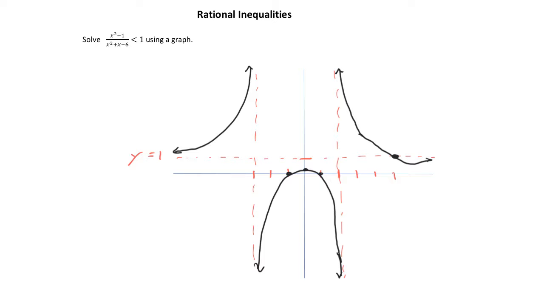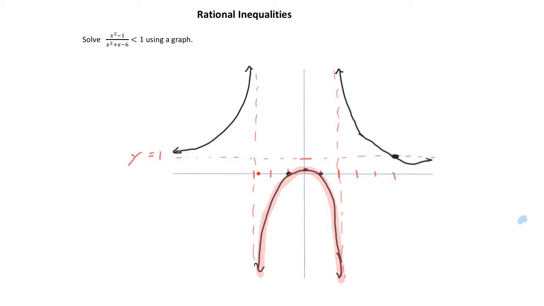I'm going to note that this part of the graph, all of the y values are definitely below y equals 1. So what we're going to do is say, okay, for all of those points, what are the x values? Well, the x values on this portion of the graph go all the way to this spot, up till I get to this location here.